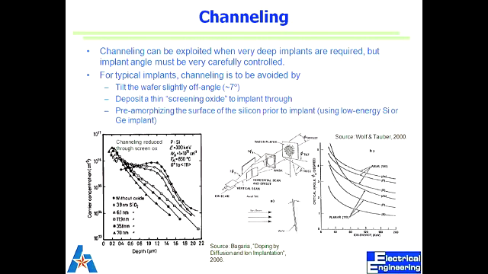So we can tilt the angle, we can deposit a screening oxide, or we can amorphize the surface. What is amorphous material? It has no exact shape. So we can break down the crystalline structure very close to the surface, and that will greatly reduce the channeling effect.